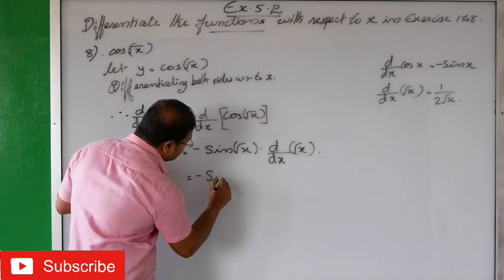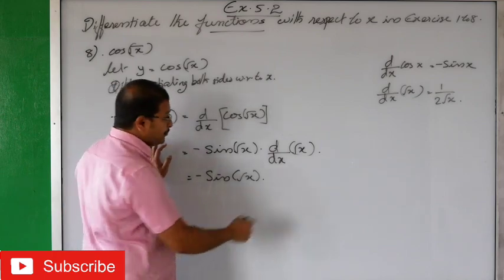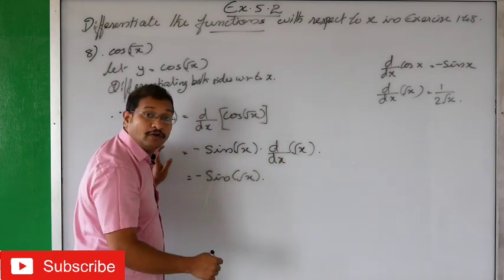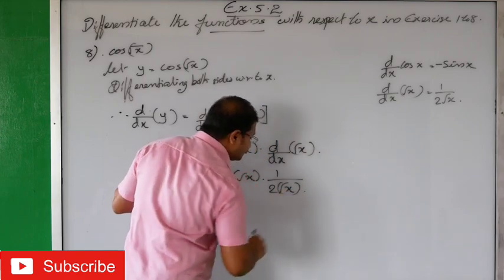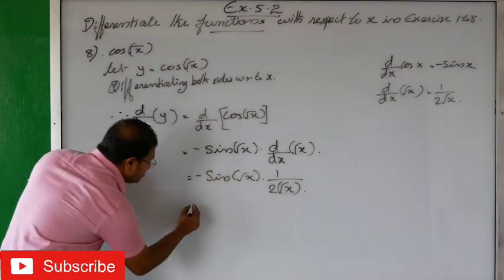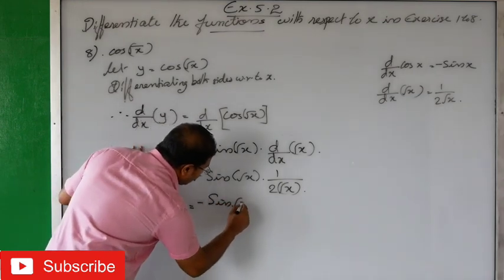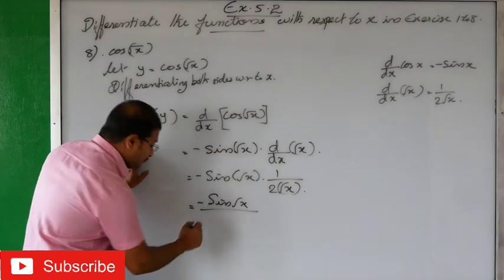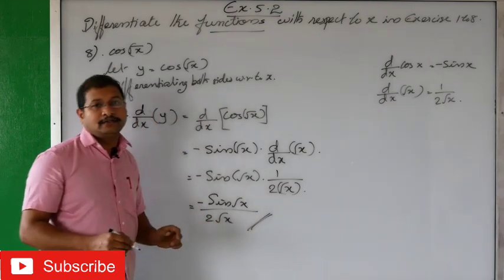Equals minus sin of root x into the derivative of root x, what you will write, 1 by 2 root x. Ready? So minus sin root x divided by 2 root x. Alright, this is your answer.